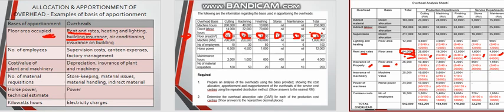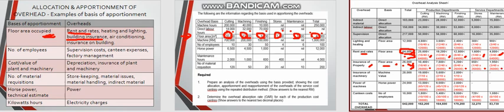The bigger the size of the building, the more the insurance will be. So we use the same 16, 12, 8, and so on, but now we have to times with this figure, which is 26,000. And for the rest we do the same calculation to get the figures here.